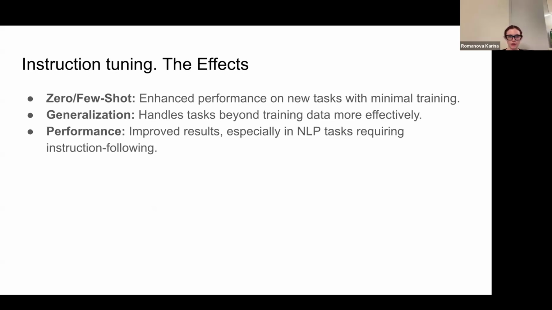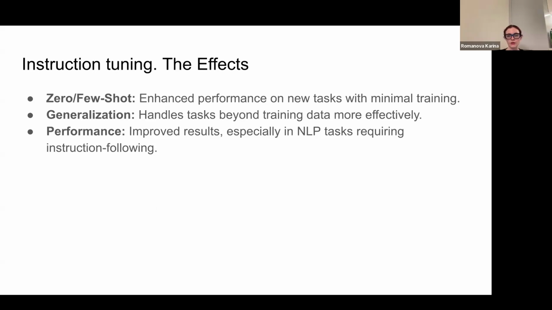Instruction tuning. Okay, we finish this topic with the effects of instruction tuning, and then we will talk about the challenges of this method. Firstly, improved task performance. Models become more proficient at executing tasks as specified by human instructions.